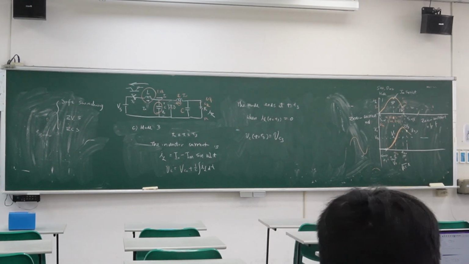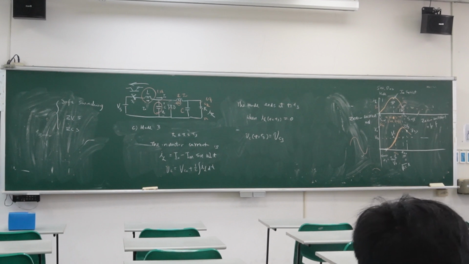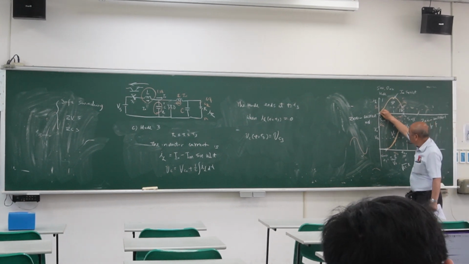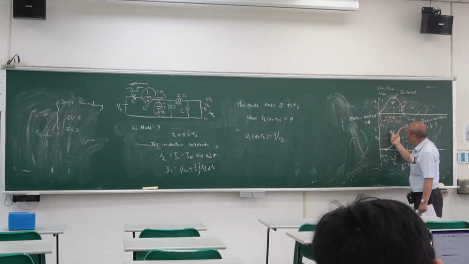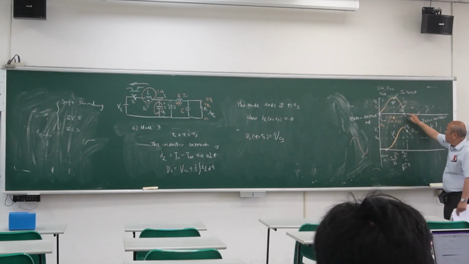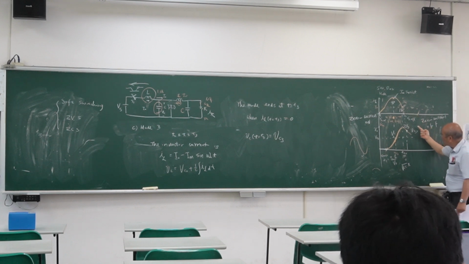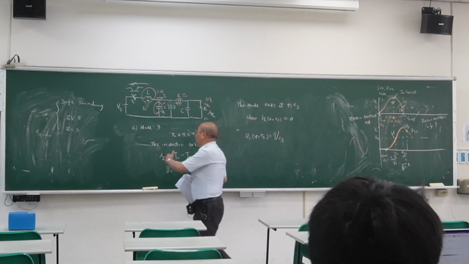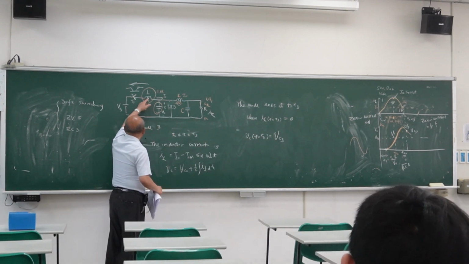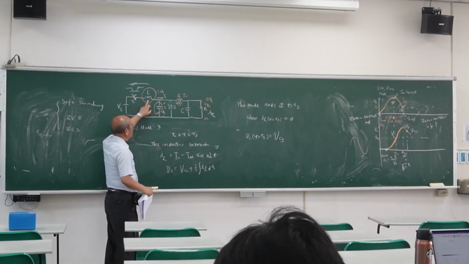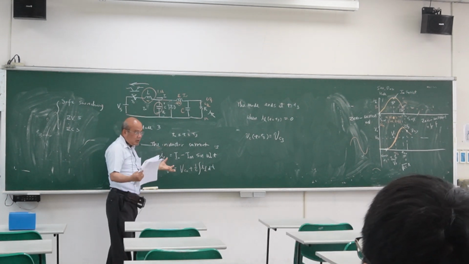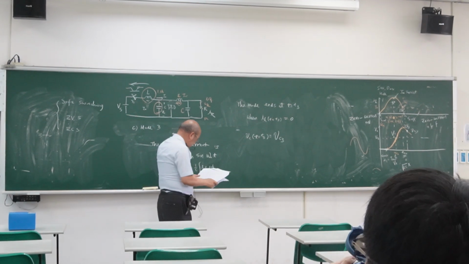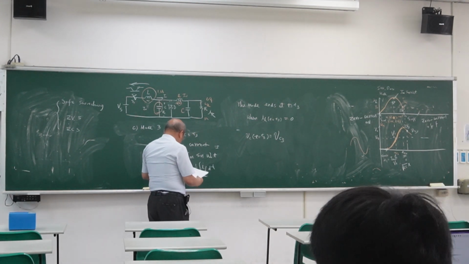So do you think this is ZCS on and ZCS off? Yes. When we reach this point, the current is zero, then we turn on. When we reach this point, the current is zero, we can turn off. So if the switch turns on, the current is zero. If the switch turns off, the current is zero. Then what is the loss? Zero.